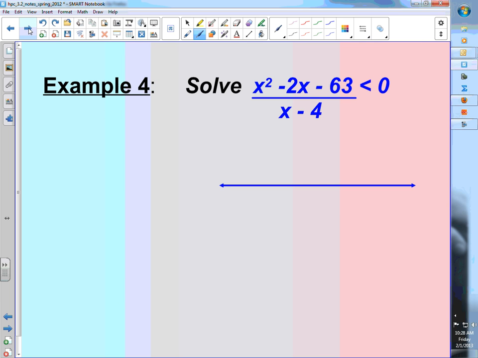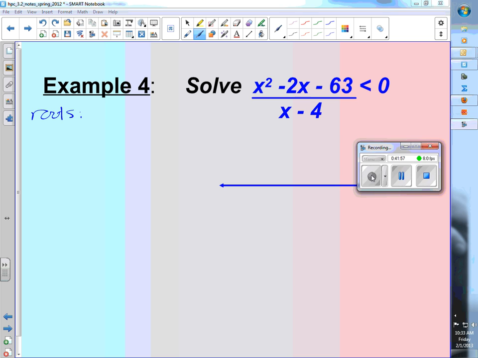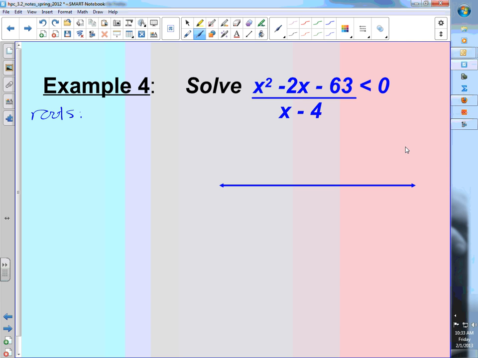Okay, try this one. Very good. All right, so the roots, we set the top equal to 0. How does it factor? And x plus 7.